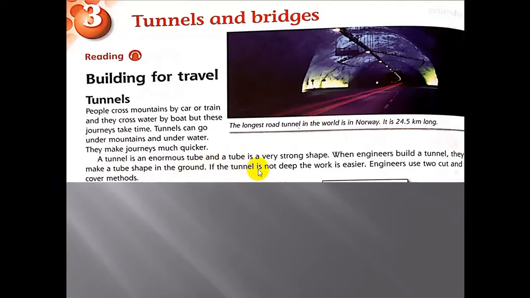If the tunnel is not deep, the work is easier. إذا لم يكن النفق عميقا, فسيكون العمل أسهل. Engineers use two cut and cover methods. ويستخدم المهندسون طريقتين للقطع والتغطية.